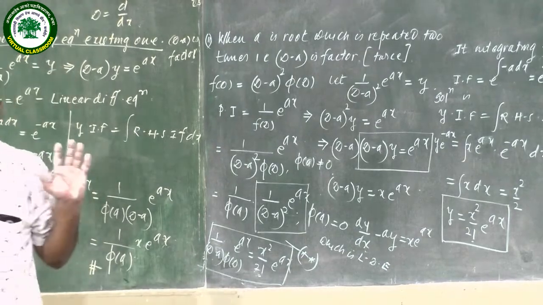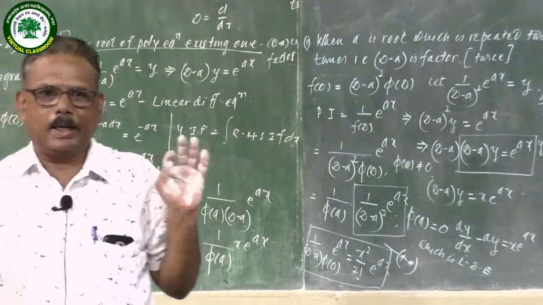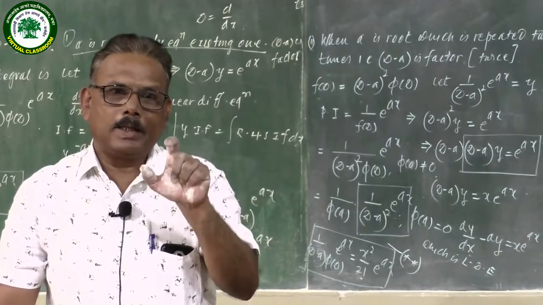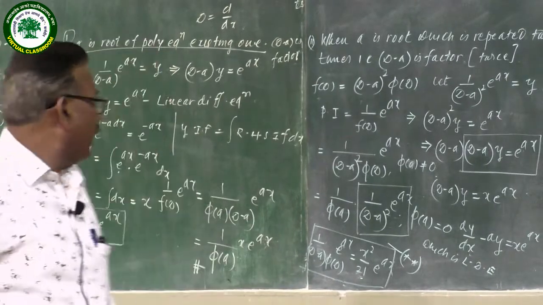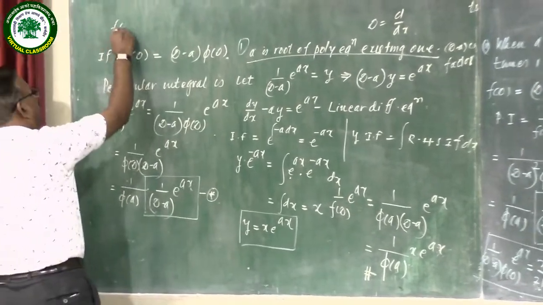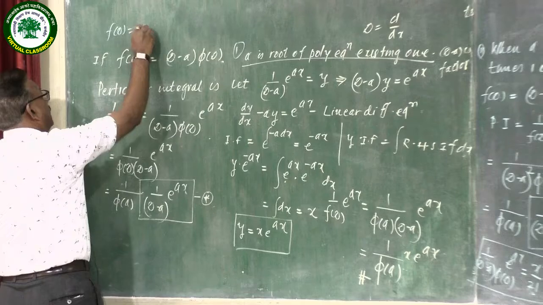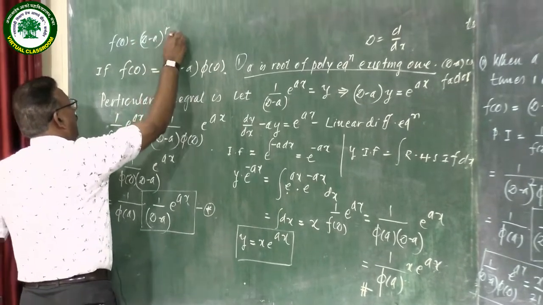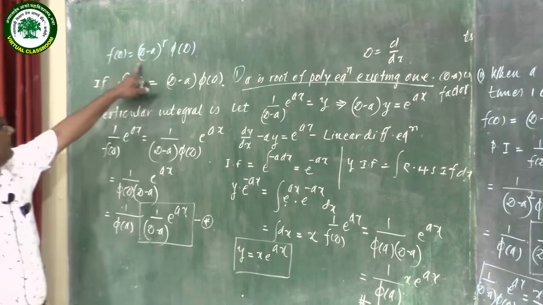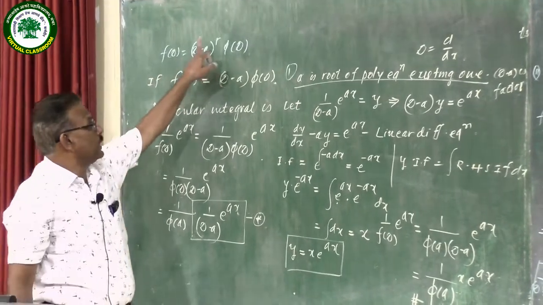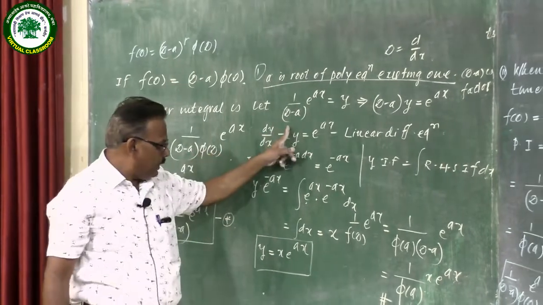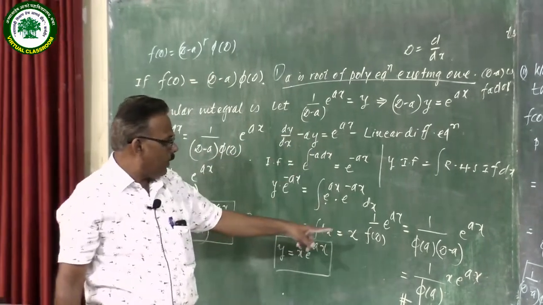That means when d minus a is repeated, the solution will be different. When d minus a is repeated r times, what will happen? See, try to understand. When f of d is equal to d minus a raised to r into phi of d, d minus a is the factor which is repeated r times. If repeated once, the solution will be of this type.